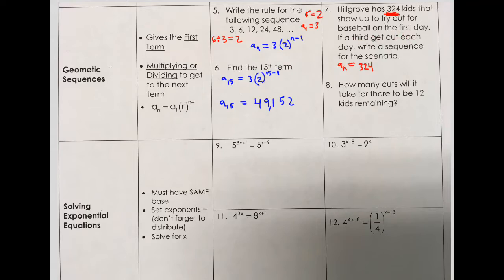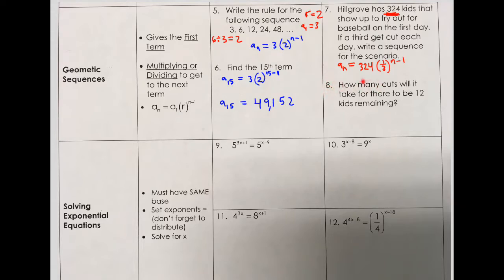And so we just plug that third in for r, since they're providing that for us. So that is 1/3, and then again n minus 1, and that's our rule, or that's our explicit formula. And so now that we have that, we can move along to number 8.